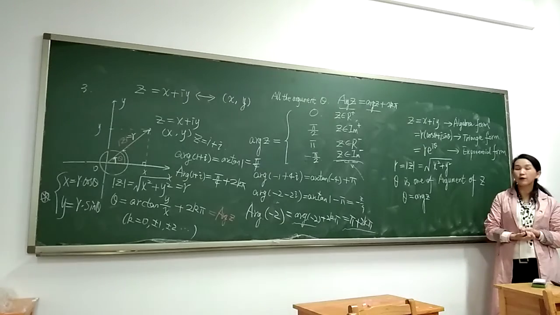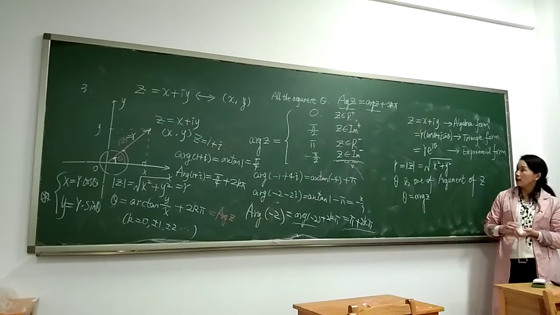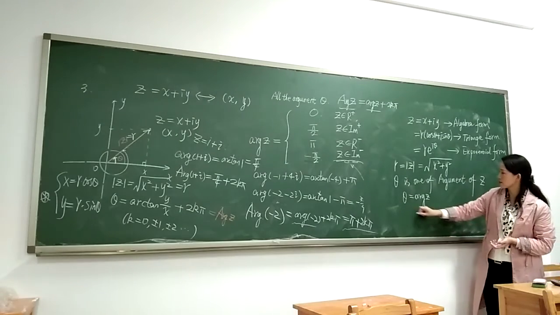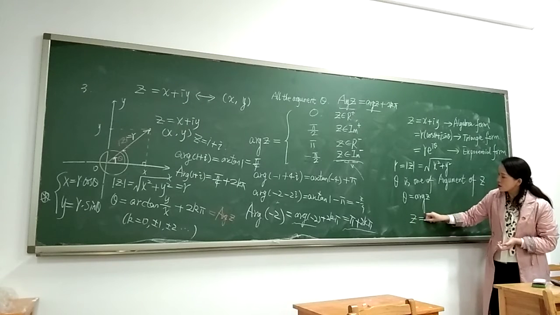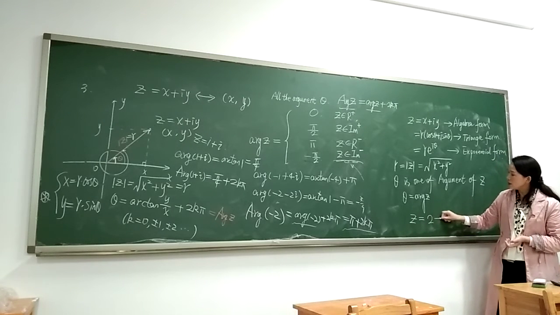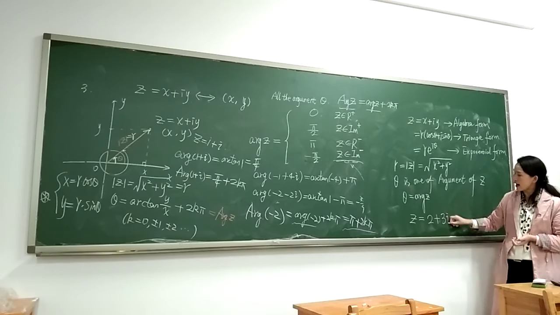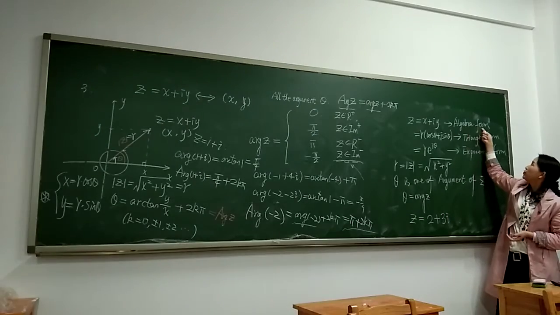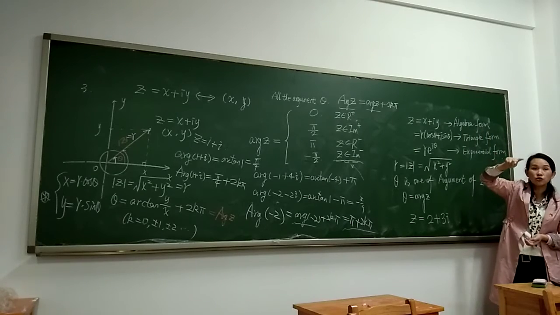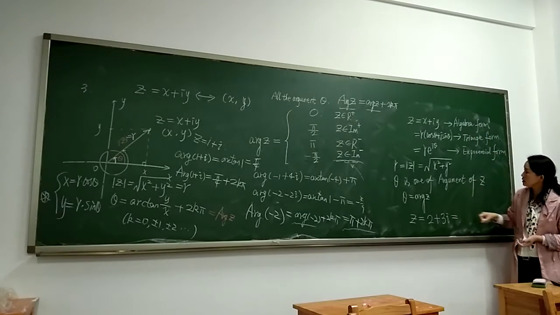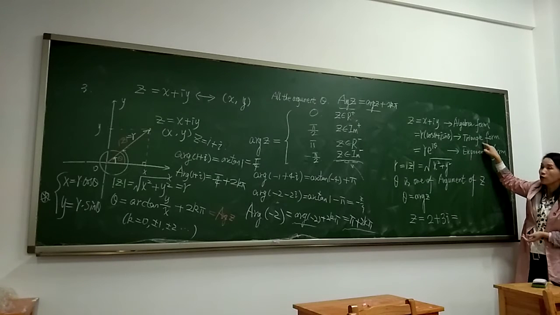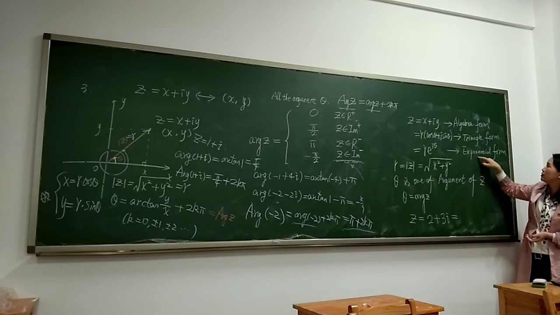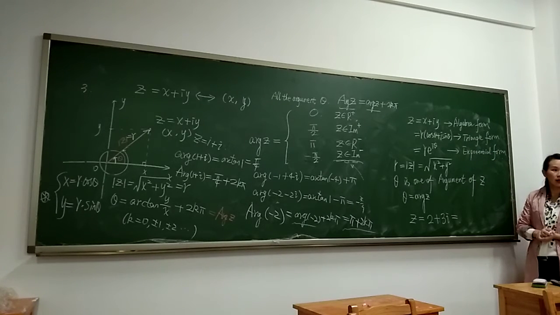So for example, if z equals 2 plus 3i, this is the algebraic form. If I want you to write the triangular form or exponential form, can you write it?